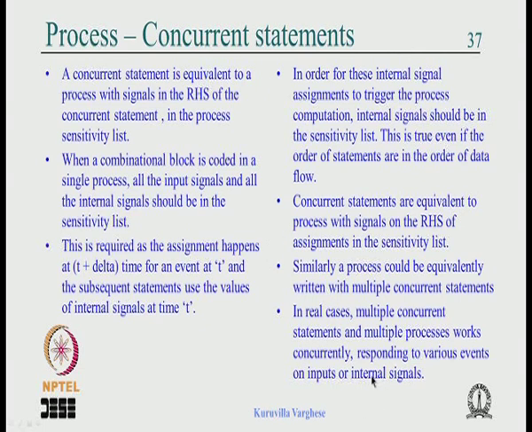In real life you may have, say, 4 processes and 10 concurrent statements, and everything is concurrent to each other. Processes are sequential bodies, but all processes and all concurrent statements are concurrent. If a particular event happens, wherever that signal is on the right hand side of an assignment or in the sensitivity list of a process, that gets computed at that same simulation time.